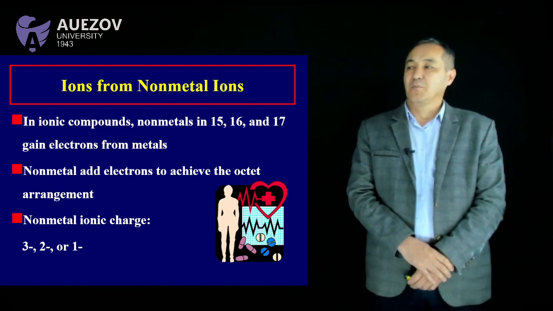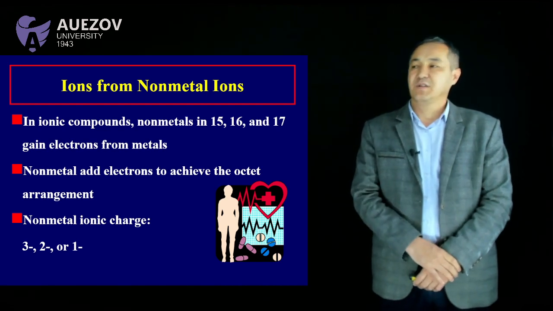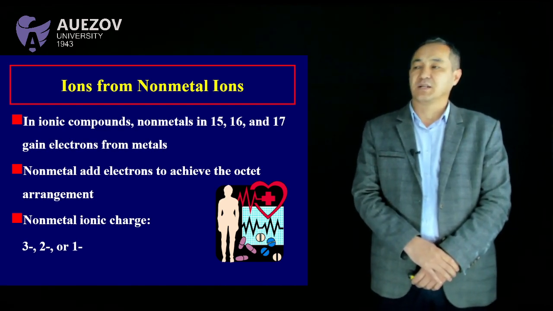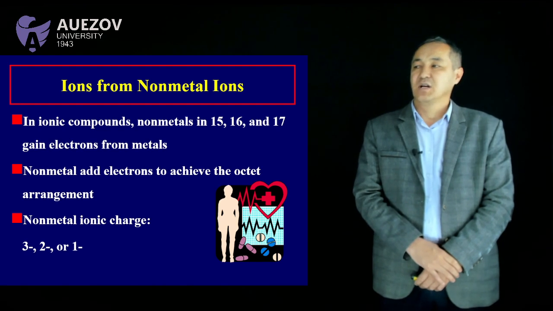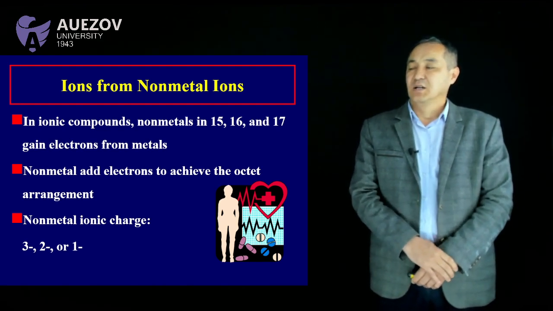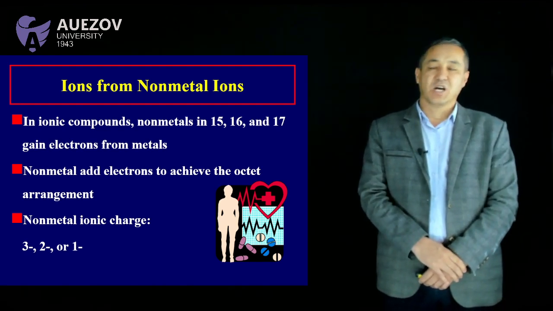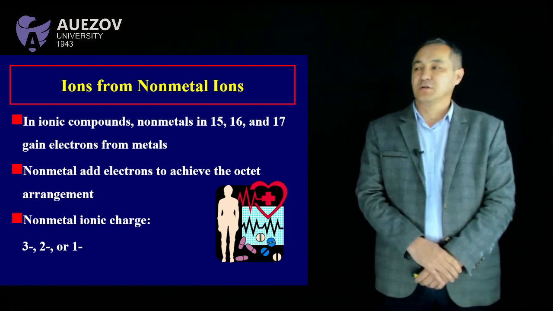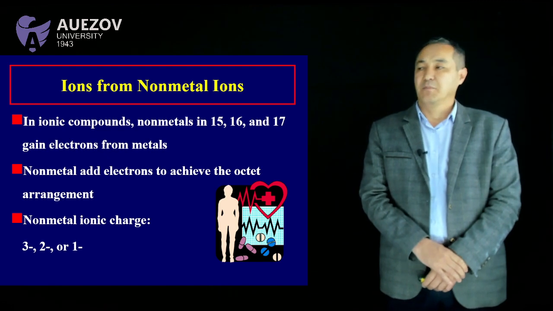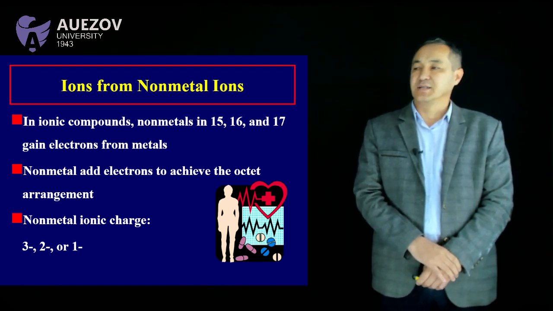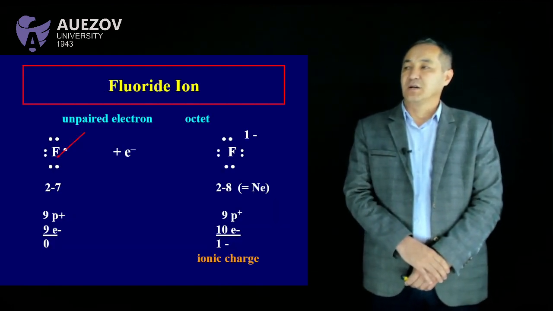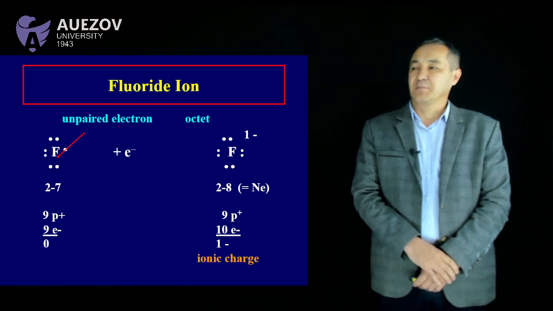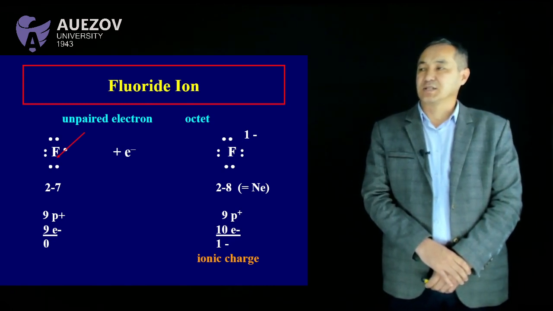In an ionic compound, non-metals in groups 15, 16, and 17 gain electrons from metals. Non-metal ions have charges of 3 minus, 2 minus, or 1 minus. The fluoride ion, for example, you can see on the slide.